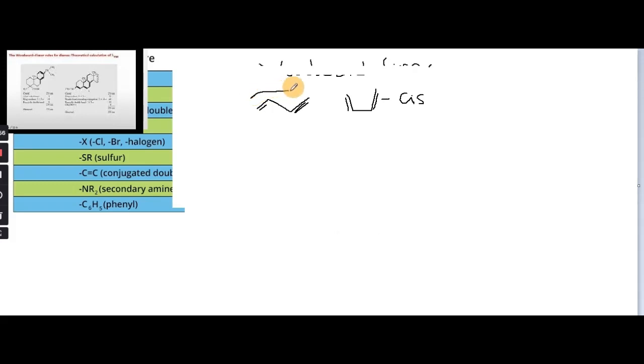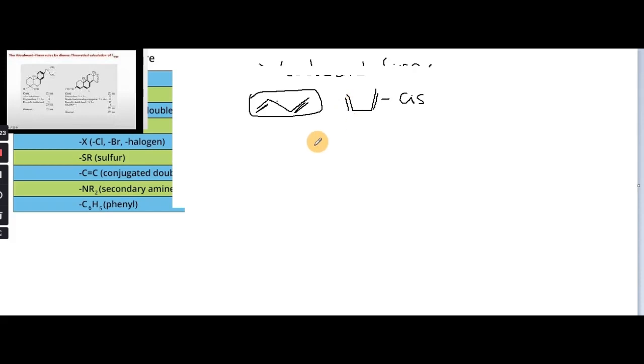Then we have a trans diene, where we have the double bonds at opposite sides of the single bond. So we have one shown down here, then the one shown up. If you have the two double bonds at opposite sides of the single bond, we call it a trans diene. If they are all showing up or showing down, we call it a cis diene.